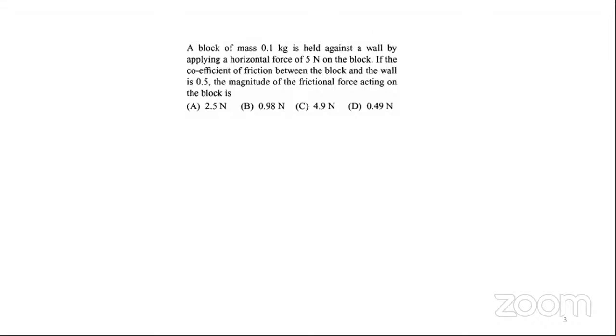Okay, I'll give you a hint. In the question, there's a wall and a block of mass 0.1 kg and a force is being applied over it this way. So making a free body diagram for this mass, we have mg acting downwards.